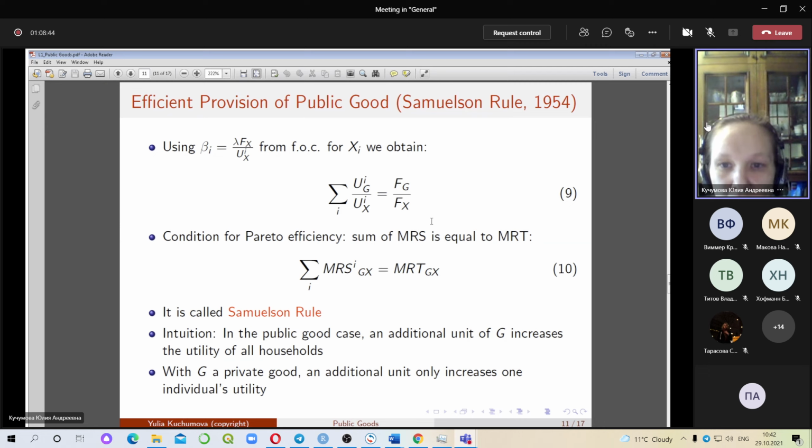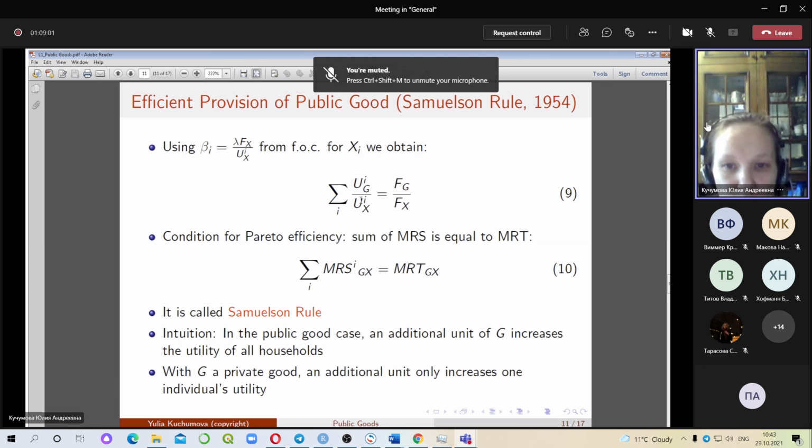As a result, we get equation 9, which is critical: the sum over all i of the derivative of u_i with respect to g divided by the derivative of u_i with respect to x equals the derivative of f with respect to g divided by the derivative of f with respect to x.